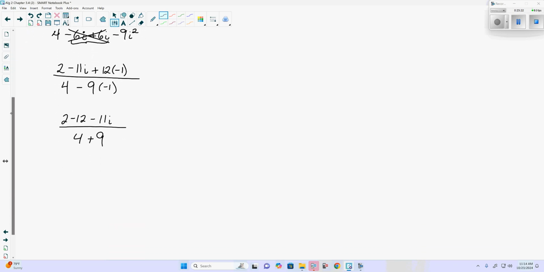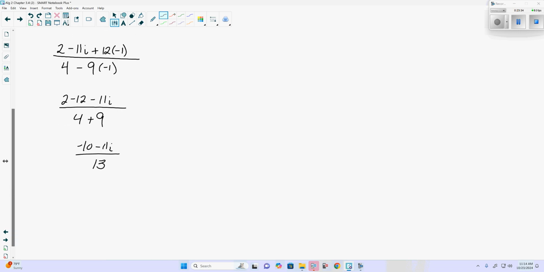You're good. Now on bottom, 4 plus 9 is 13. 2 minus 12 is going to be negative 10, minus 11i. And if we split this up, it would be negative 10 thirteenths minus 11 thirteenths i.